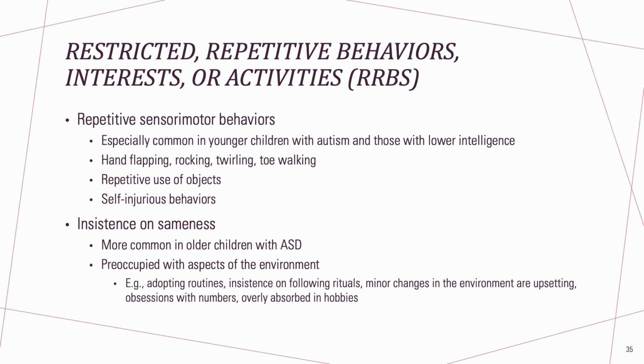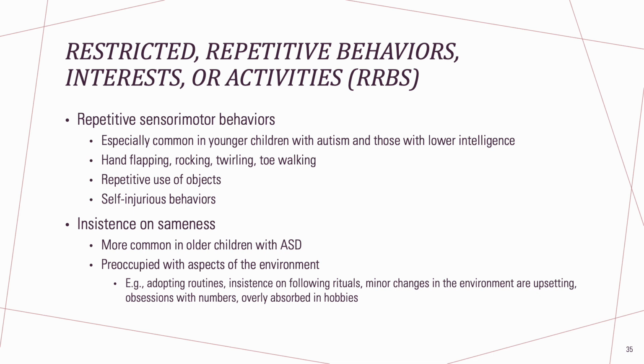The second core component that we consider in autism is the presence of restricted, repetitive behaviors, interests, or activities, or RRBs. These are repetitive sensorimotor behaviors, and in young children we typically see a lot of them.